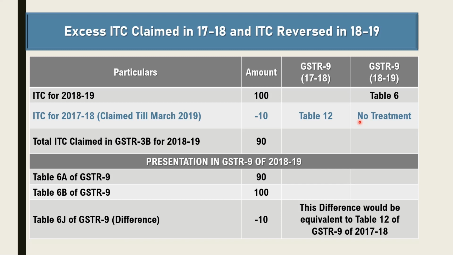Now how would it be reflected? My table 6A of GSTR 9 would be auto populated with 90 rupees, since the ITC claimed in GSTR 3B was 90 rupees in 1819.